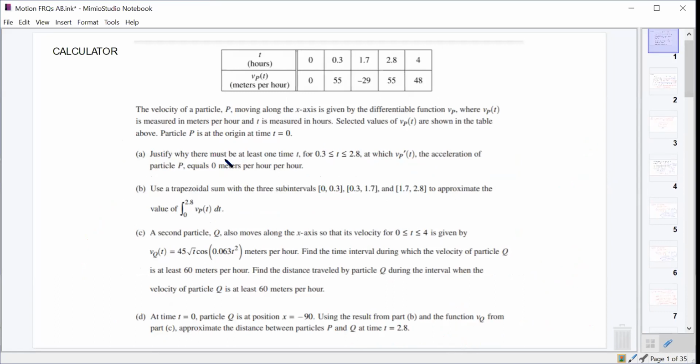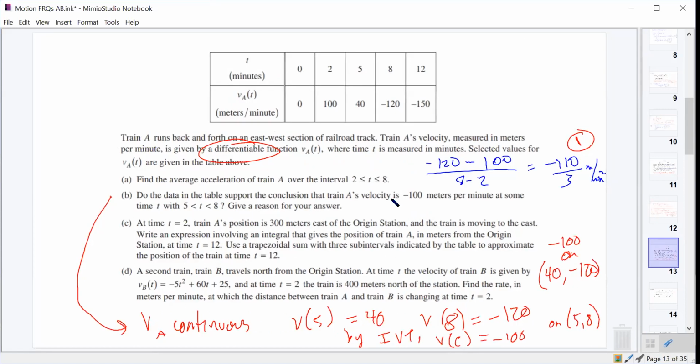Yeah, so if we go back and look real quick, the difference between this one and that one is we had velocity there, and it said justify why there must be a time where the acceleration is equal to 0. And so we use the mean value theorem because the acceleration is the derivative of velocity. Oh, okay. But here it asks us to justify why the velocity is negative 100 given a bunch of velocity values.